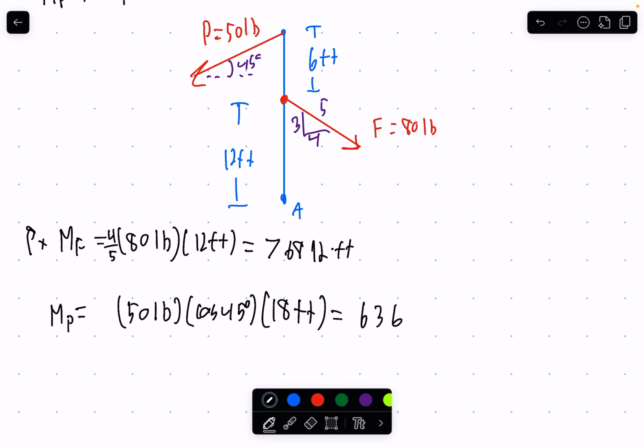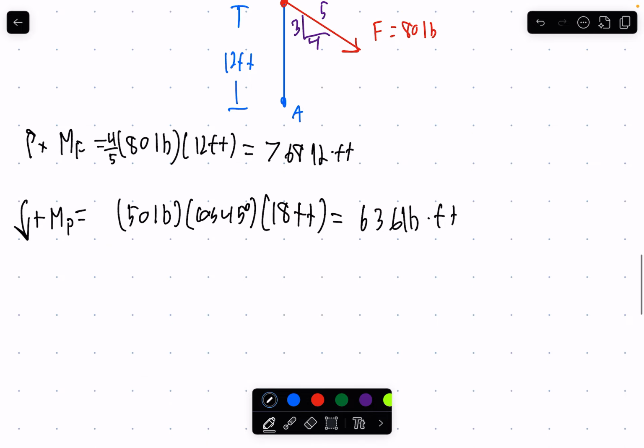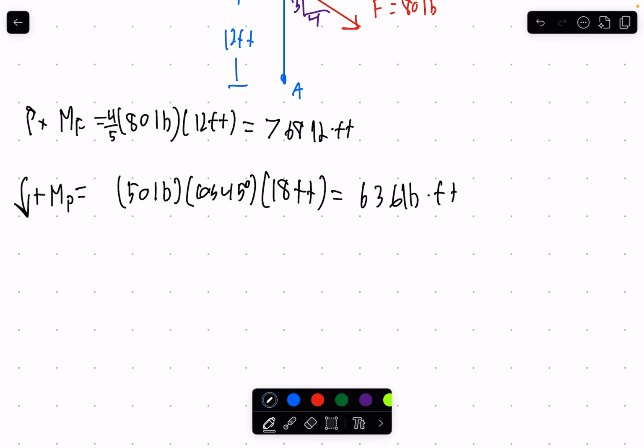That will be acting in the counterclockwise direction. So if we take our two components, we see that 768 pound-feet is going to be greater than 636 pound-feet.